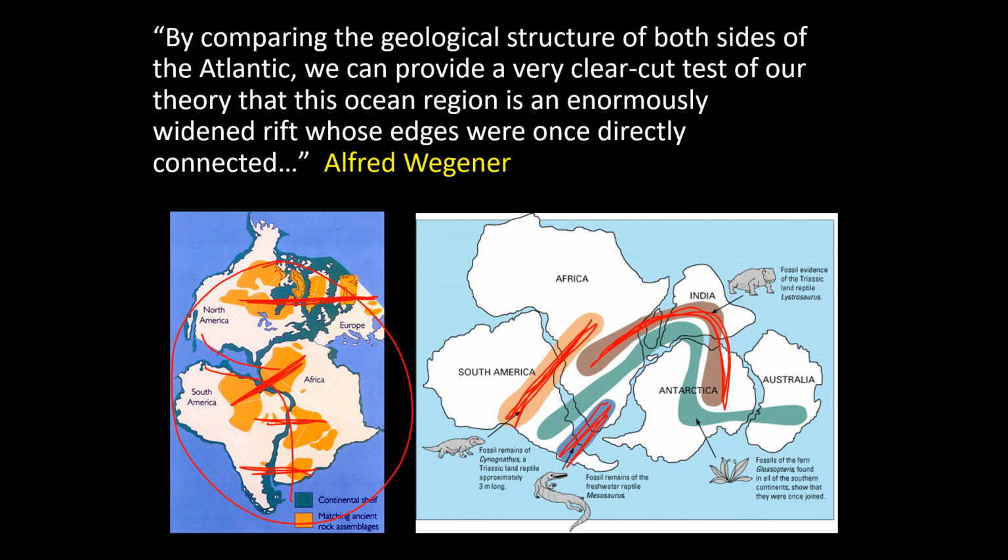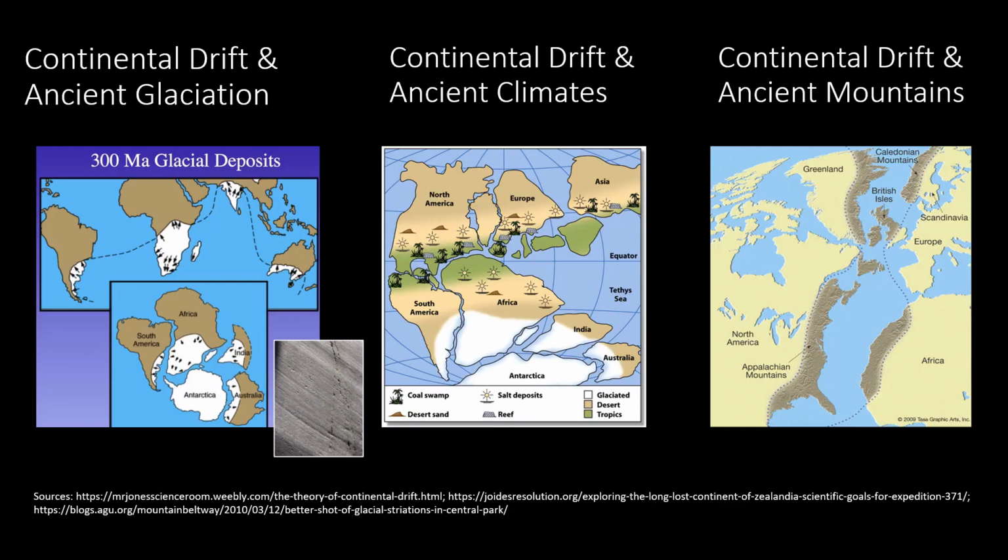And so Wegener's continental drift model nicely explains how you can get land-dwelling creatures, literally the same species of creature, on continents that are now widely separated by open ocean. So the fossil evidence and the ancient rock evidence and the coastlines really all support Wegener's idea of drifting continents.